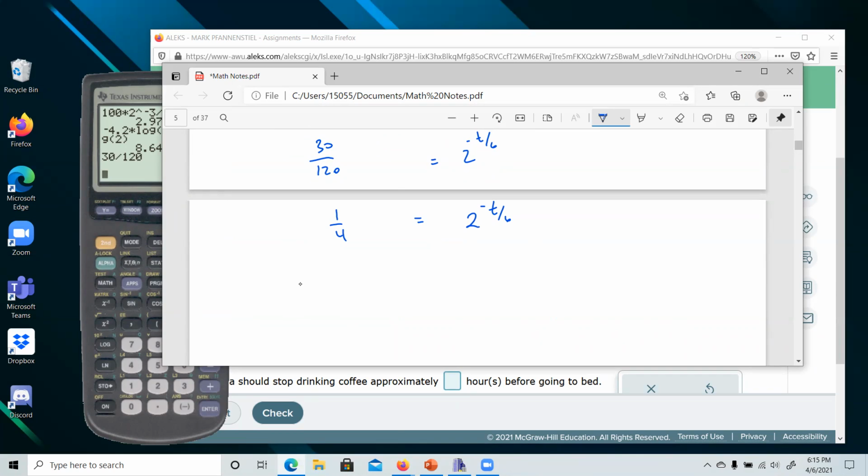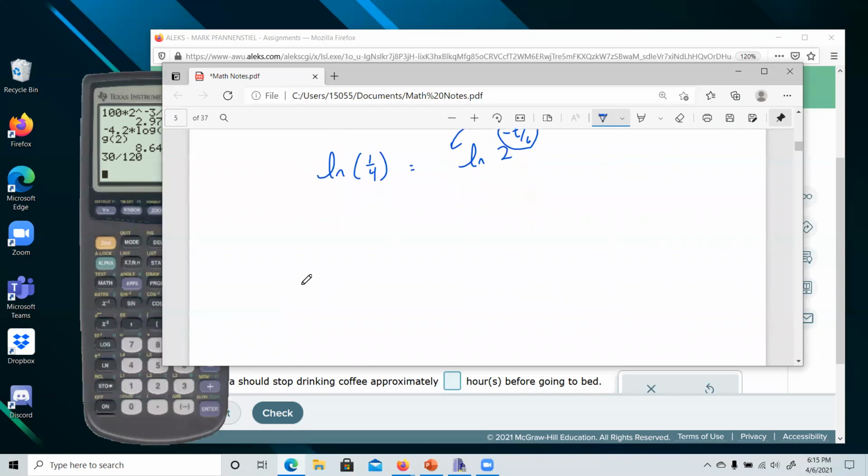So we have a variable in the exponent now. So what we're going to do is take logarithms to get it down. So we have ln of 1 over 4 is equal to ln of 2 to the negative t over 6. This bit comes down because it's an exponent. So we have negative t over 6 natural log 2 is equal to natural log of 1 over 4.